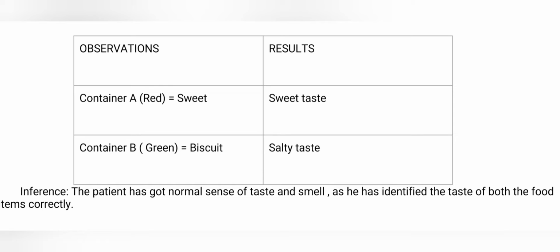The patient has identified the container A food item as having a too sweet taste, and the container B item as having a salty taste. From this we can conclude the patient has a normal sense of taste and smell, as he has identified the taste of both the food items correctly.